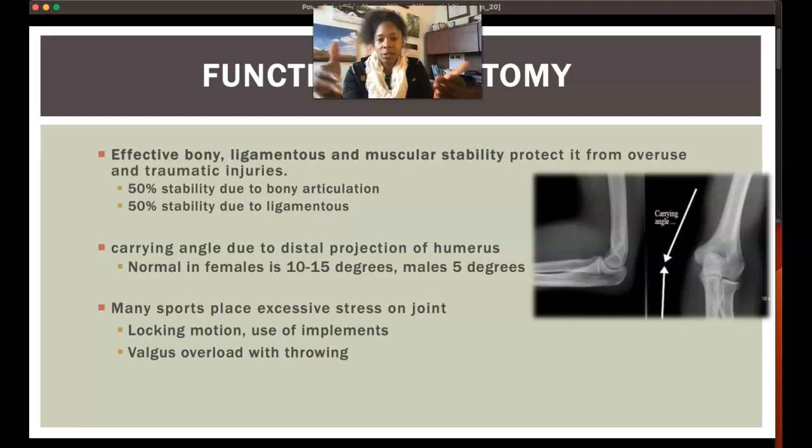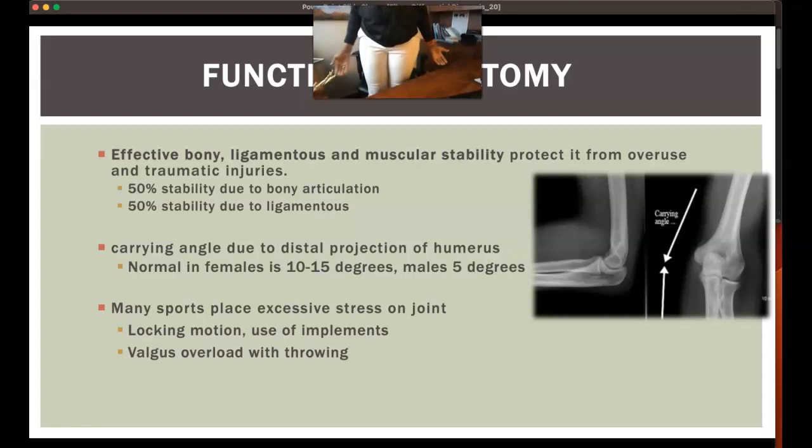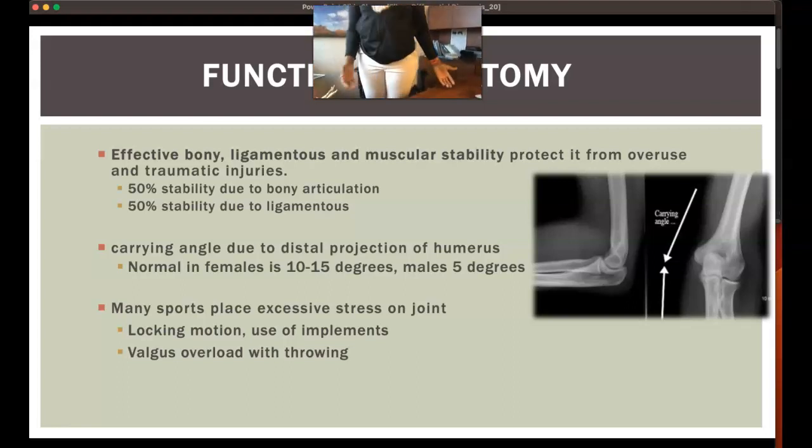And so in this instance, our carrying angle is going to be a lot larger, because if you look at the carrying angle, the angle typically will start right at the iliac crest. So traditionally speaking, the carrying angle in females is going to be about 10 to 15 degrees, and in males it's going to be about 5 degrees, give or take.